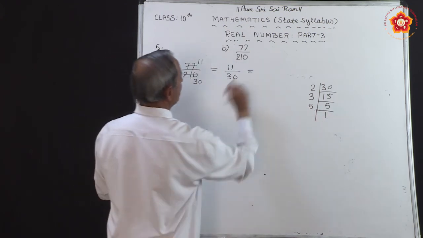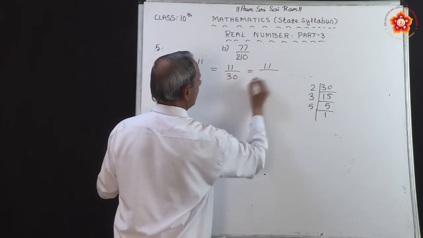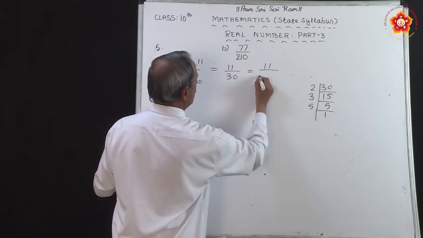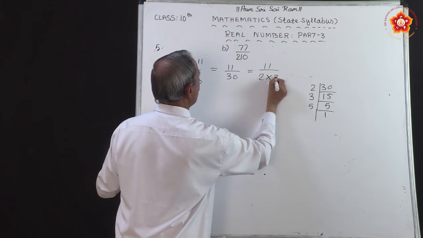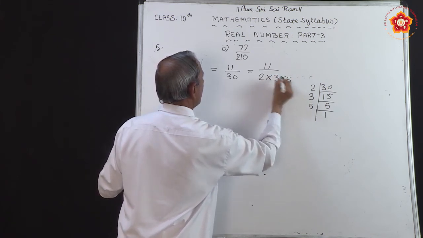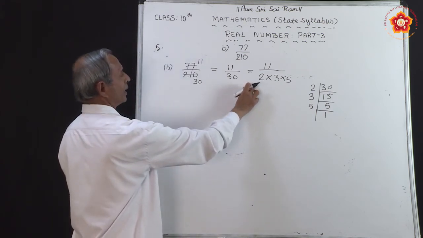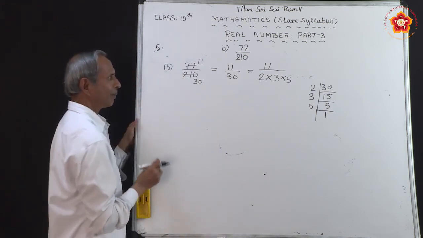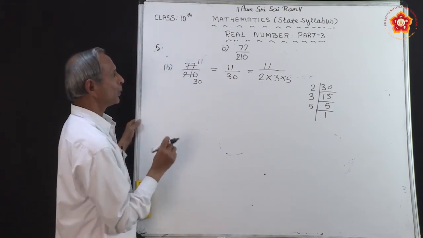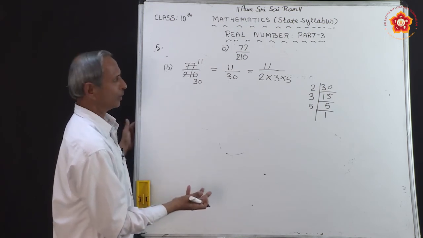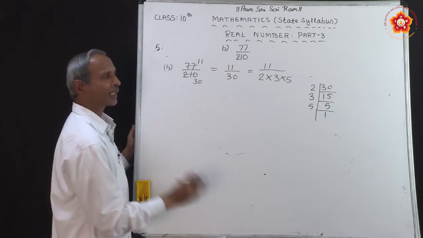The prime factors of the denominator are 2 into 3 into 5. Now observe the denominator. If it is terminating, there should be only 2 and 5 factors. If anything other than 2 and 5 comes, then it is non-terminating.